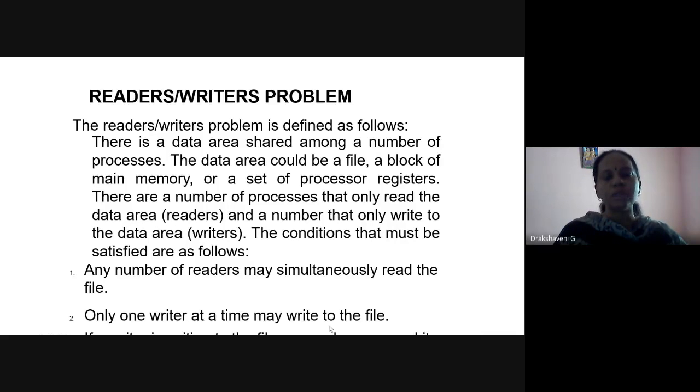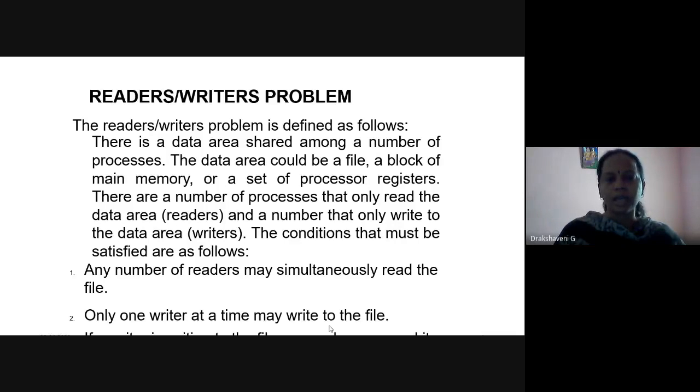Why are we facing problems in the readers and writers problem? The reader and writer problem is defined as follows. There is a data area shared among a number of processes. The data area could be a file, a block of main memory, or a set of process registers where you can read and write.